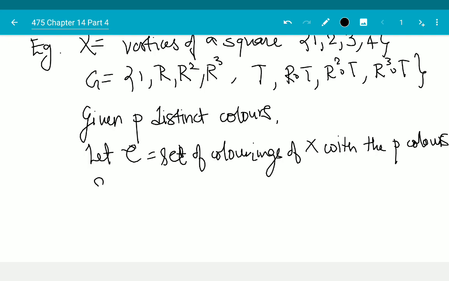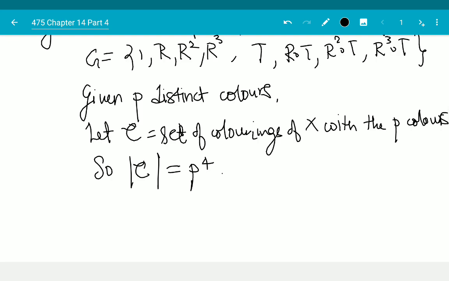So the order of C is equal to P to the 4, right? Every vertex has P choices, so the total number of colorings is P to the 4.